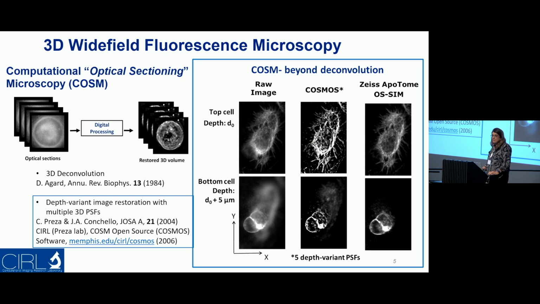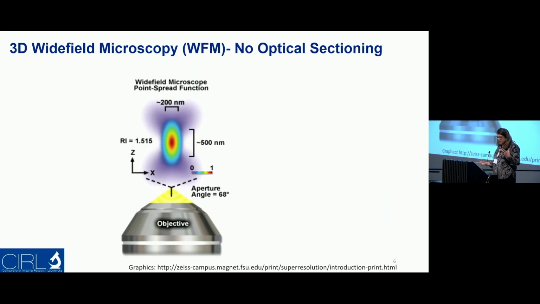We proposed a method that used multiple depth-variant point spread functions to get improved results. And then later, of course, we had spatially variant point spread functions. Computational optical sectioning microscopy was what it was termed in the early 80s. However, 3D wide field microscopy is known for not having optical sectioning capability.